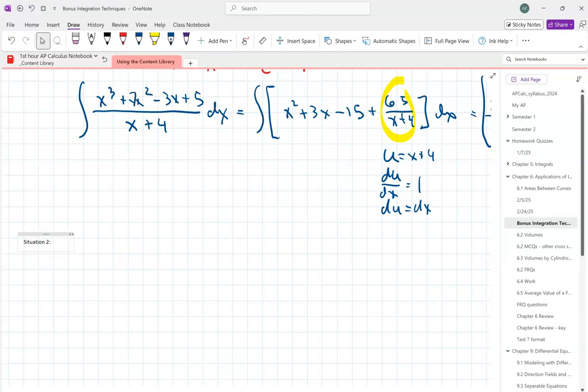So situation 2, the next situation is we have a degree 0 over an even degree trinomial.